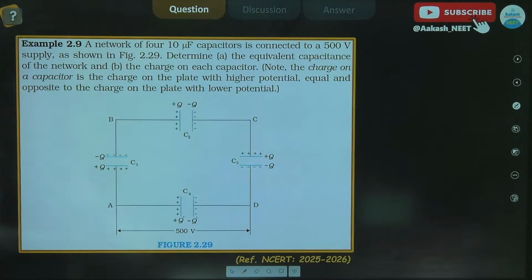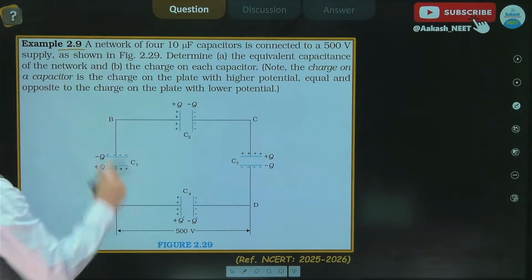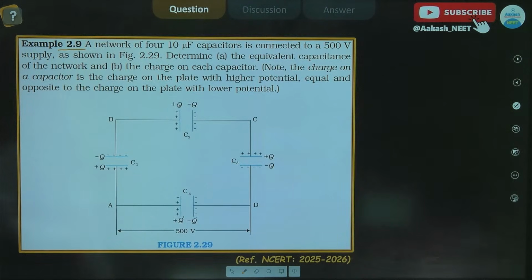Now we have another one, 2.9. A network of 4 10 microfarad capacitors is connected to a 500 volt supply as shown in the figure. Find the equivalent capacitance of the network. Fine.